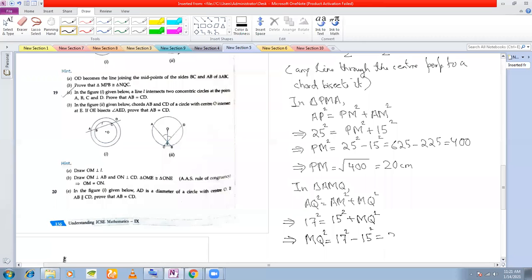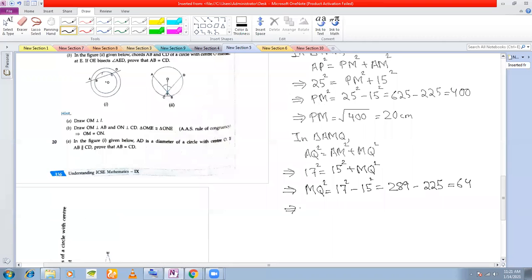Yes, 289 minus 15 square is 225. And if you subtract, you get this as 64. So therefore, MQ you get as square root of 64, which is 8 centimeters.